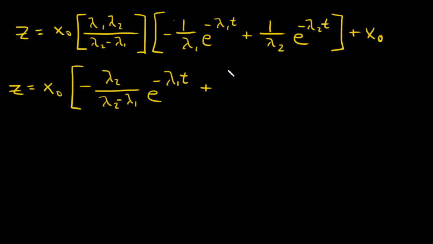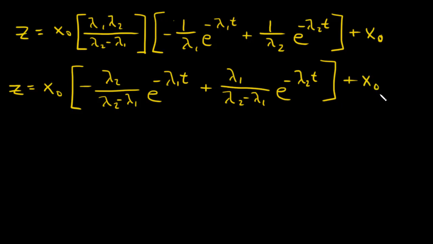So this is going to be lambda 1 over lambda 2 minus lambda 1 e to the negative lambda 2 t, bracket plus x naught.